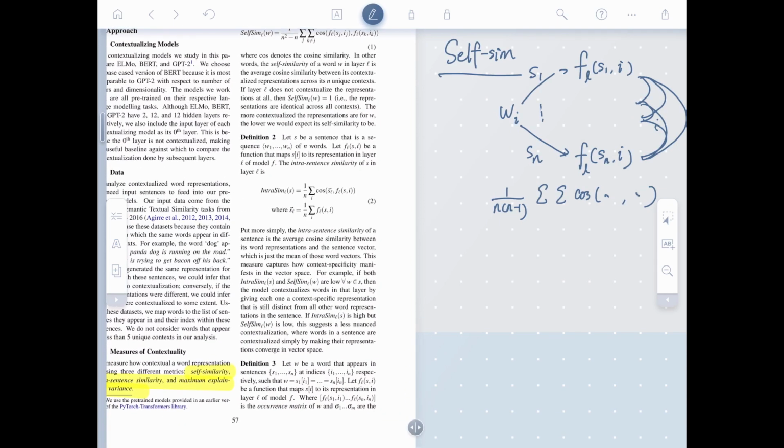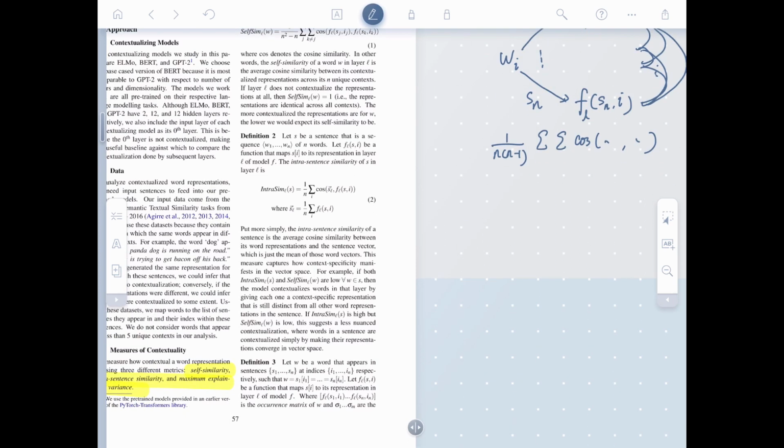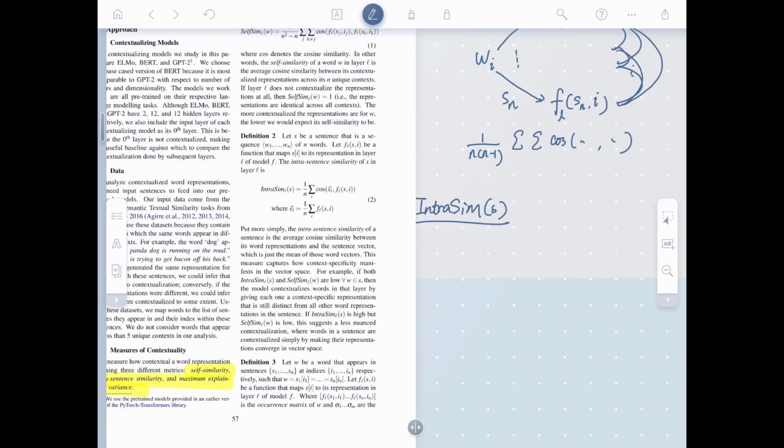The second metric is intra-sentence similarity. This considers a sentence S. Let's say you have several words in the sentence, and each word is represented with a vector that is computed from all of the words in the sentence.